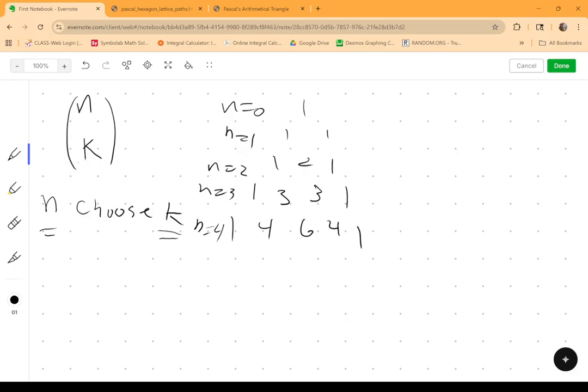Now, what we can think of is that lattice problem where we started at 0, 0, and let's say we wanted to go to the point 2, 1. We can interpret this problem as a choose problem here.